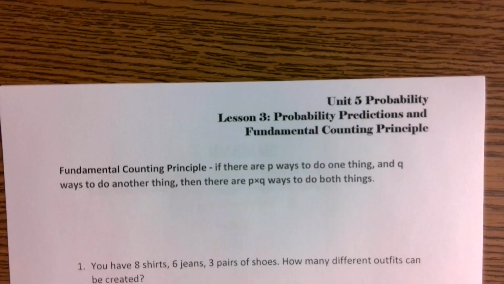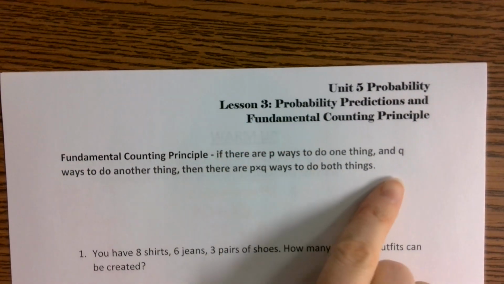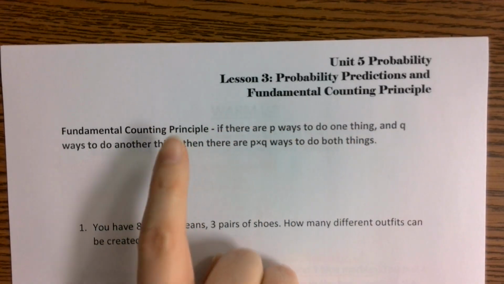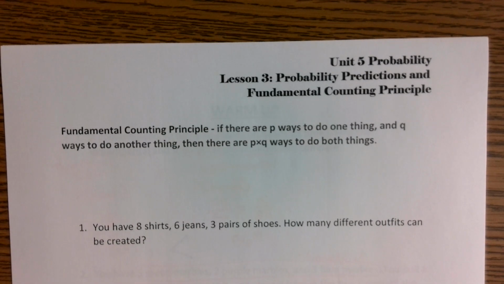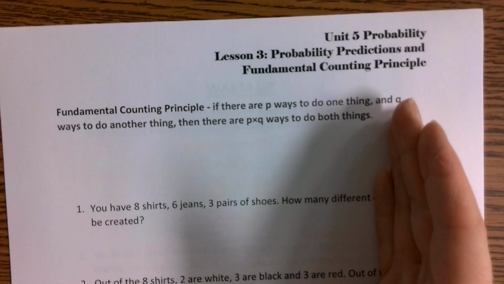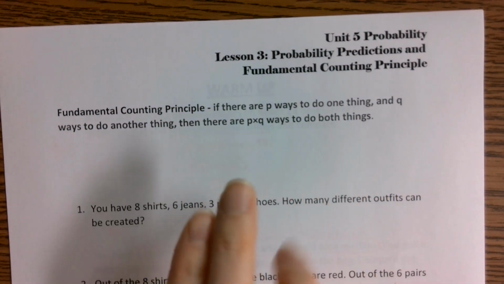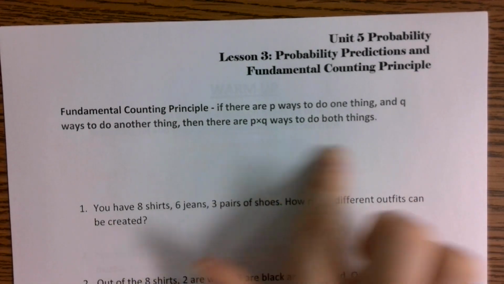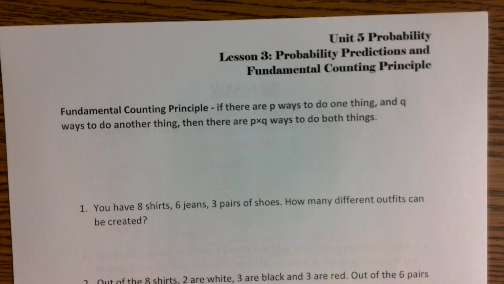And when we've got more than one activity happening, we use what's called fundamental counting principle. And the fundamental counting principle basically says, hey, how many total outcomes does this activity have? How many total outcomes does this other activity have? And let's multiply those outcomes together to figure out the total number when both activities are performed.